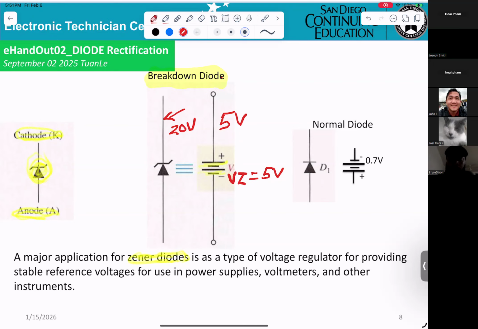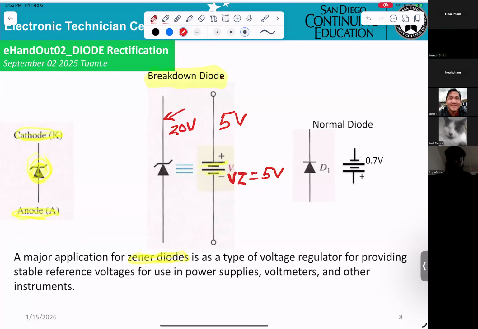You know these signal diodes, they're used everywhere. Like inside the computer. The computer uses only 5 volt, no more. So when the voltage comes into the computer, they use a zener diode of 5 volt.